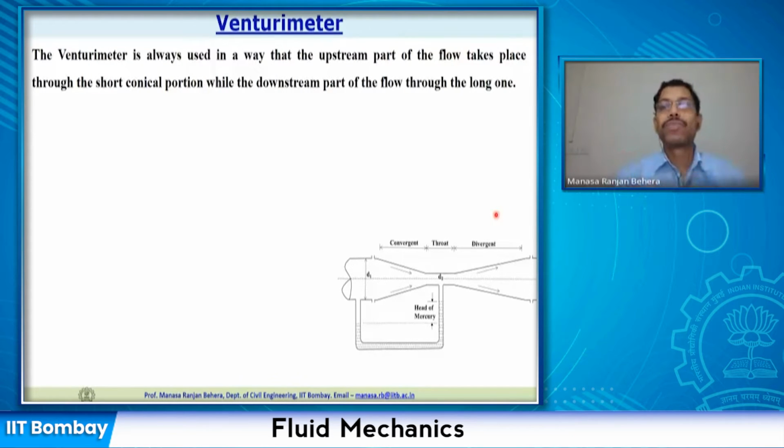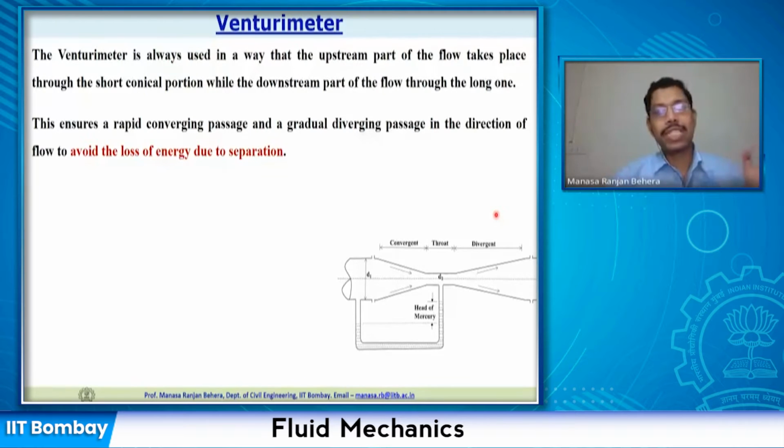Sometimes by mistake somebody is not aware of that, and it is our job to identify and ensure that it is installed correctly. This ensures a rapid convergence passage and a gradual diverging passage in the direction of the flow, to avoid losses of energy due to separation, as I said. The flow should not detach, and it should not create any kind of turbulence inside to generate losses.